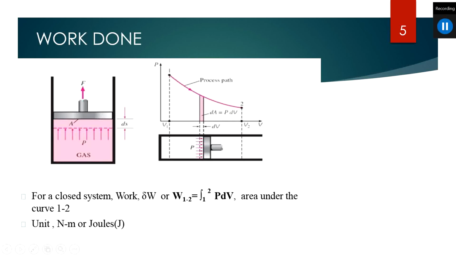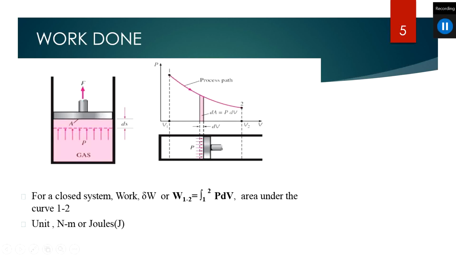And what is actually the work done? Work done is the area under the curve 1 2. Consider a small area dA, which is equal to P into dV, where dV is a small volume change.